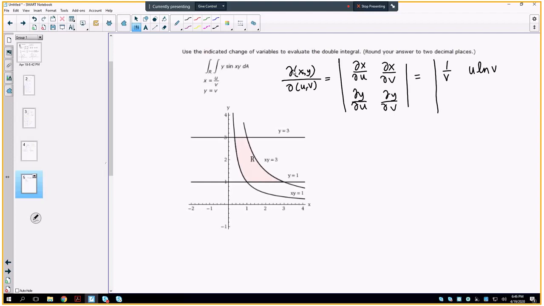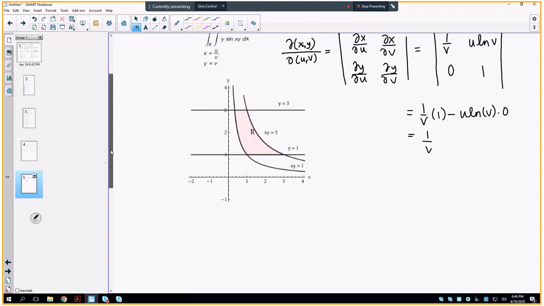Del y del u should be 0, and del y del v should be 1. So when I calculate the determinant, I get 1 over v times 1 minus u natural log of v times 0, which is 1 over v, an absolute value of that. Okay?